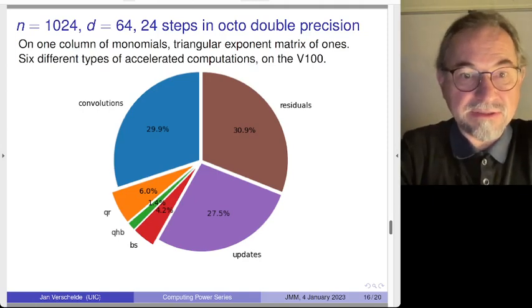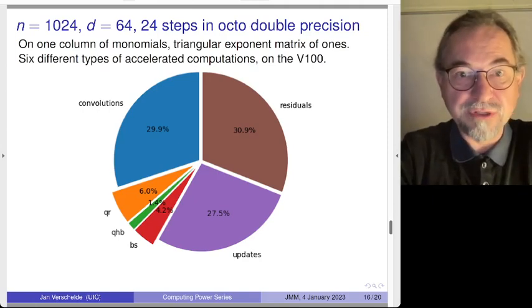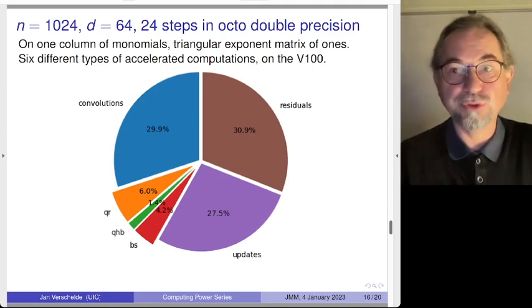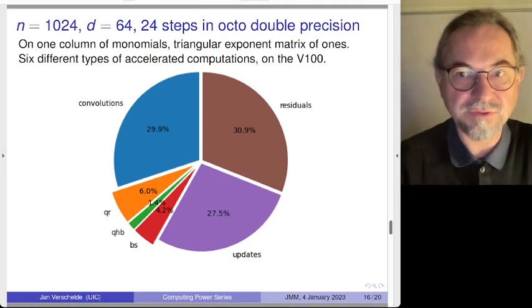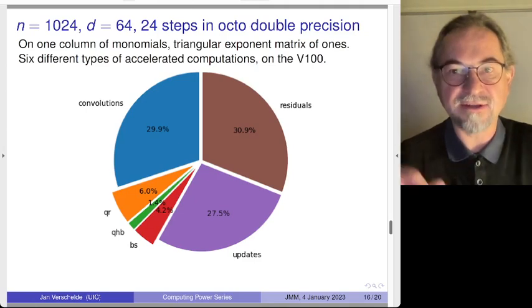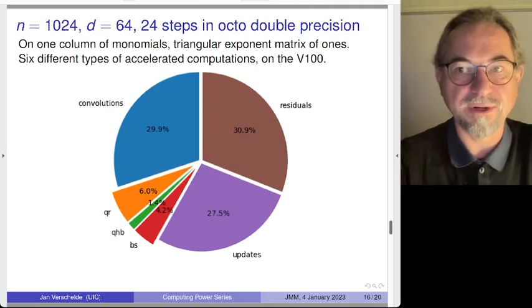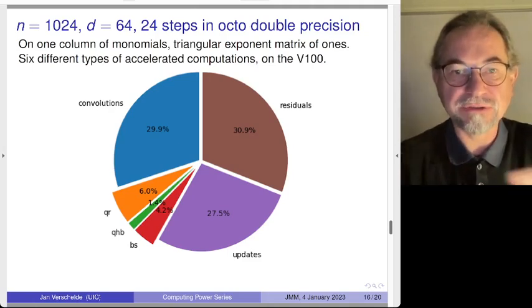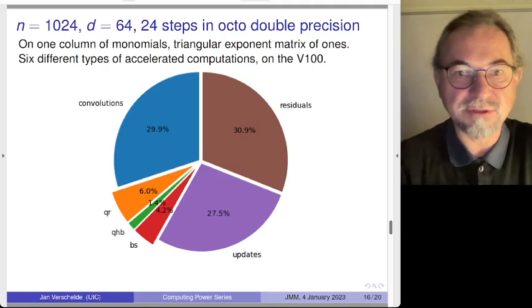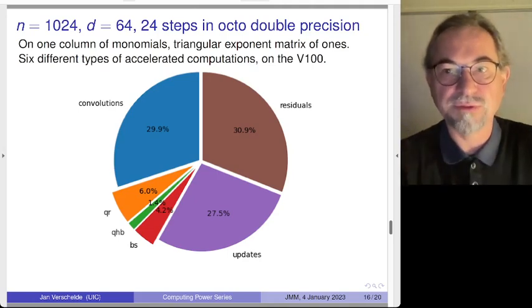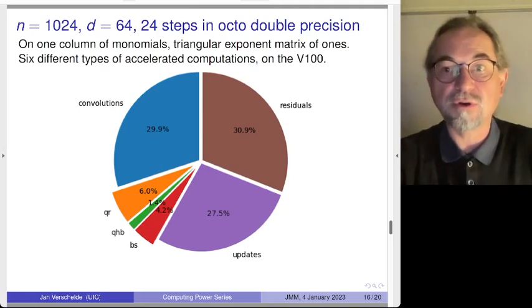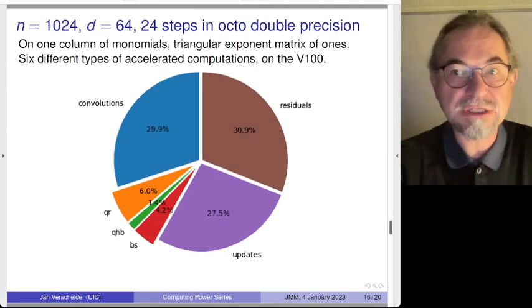The updates are important, and also the residuals. So the residuals are here computed in full. So there is the b minus A times x, which is computed for all 1024 equations. An obvious speedup is to do this only for a couple of equations or only for one random choice.